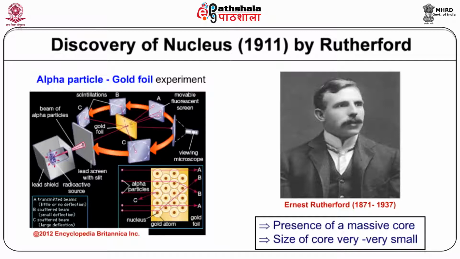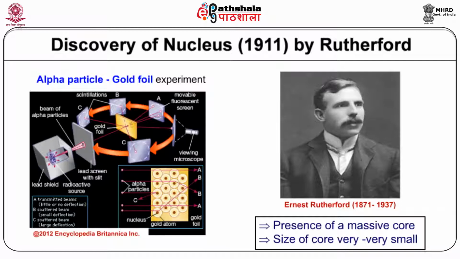So since he could detect the alpha particles at various angles, he considered that the central entity which is scattering the alpha particles must be of positive nature, and on the basis of that, he named that central entity the nucleus, because it was in the center of the atom. He considered that the nucleus is positively charged.